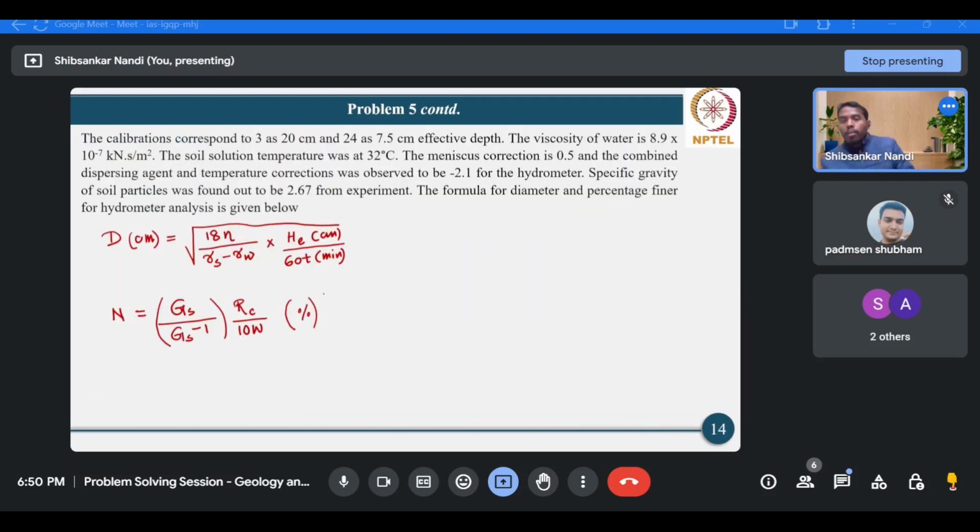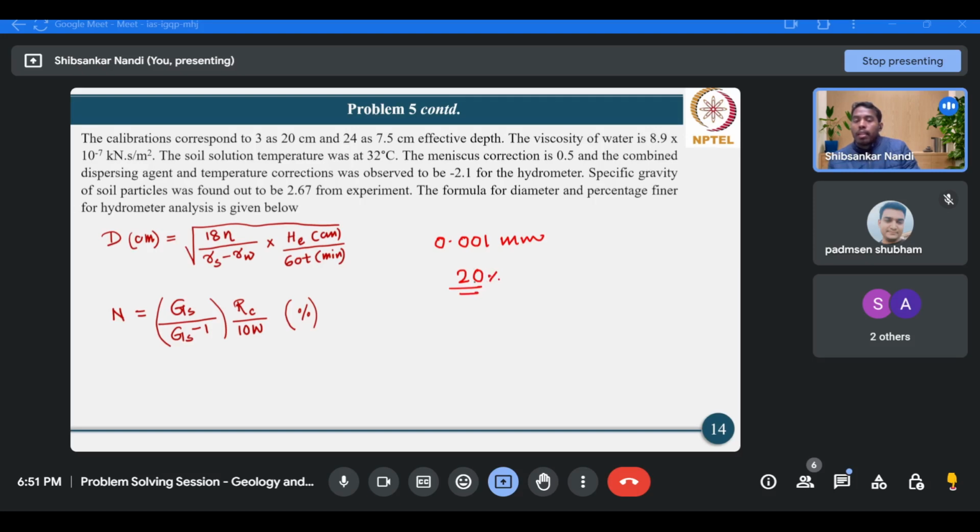These are the two formulas given in this problem statement. D, the particle size diameter, you can get from this equation, and again this is based on Stokes law, and this is the corresponding percentage finer. Suppose this diameter D is 0.001 mm and this N is 20%.